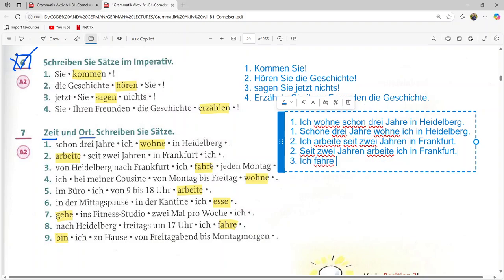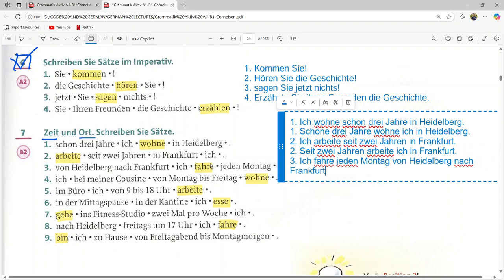Ich fahre jeden Montag von Heidelberg nach Frankfurt. I travel every Monday from Heidelberg to Frankfurt. Okay, I can also make the sentence like this.